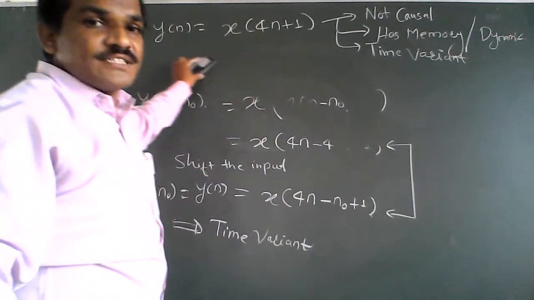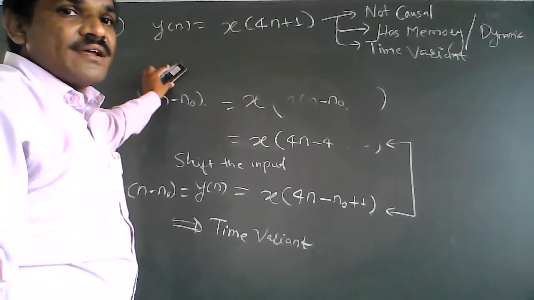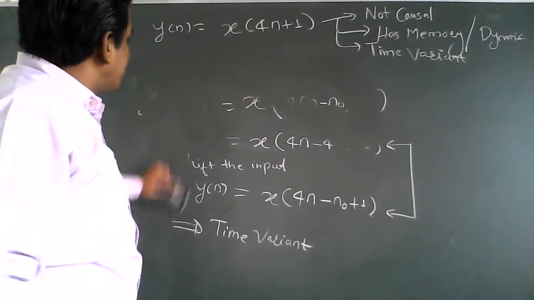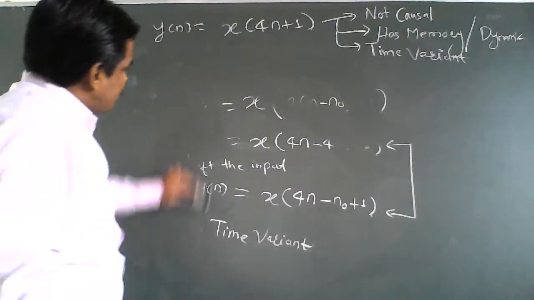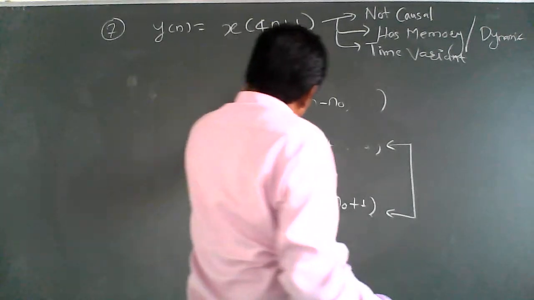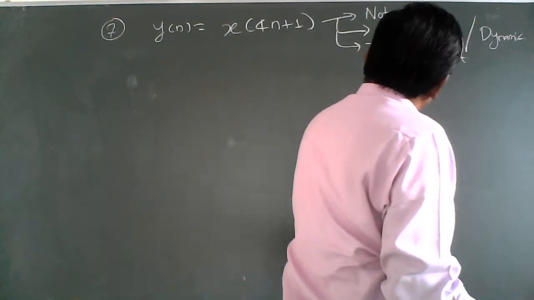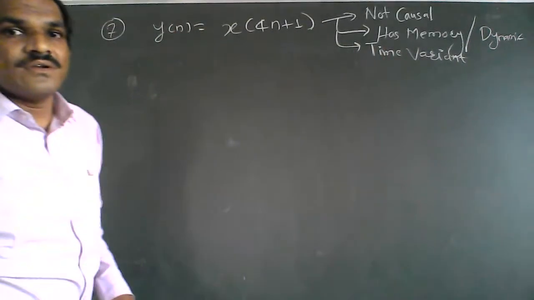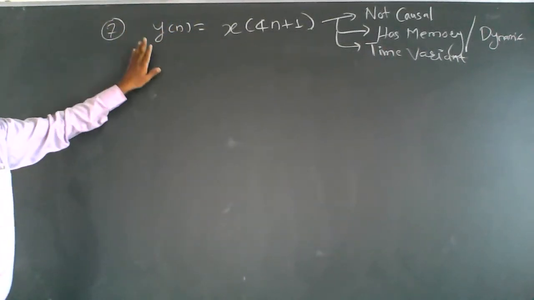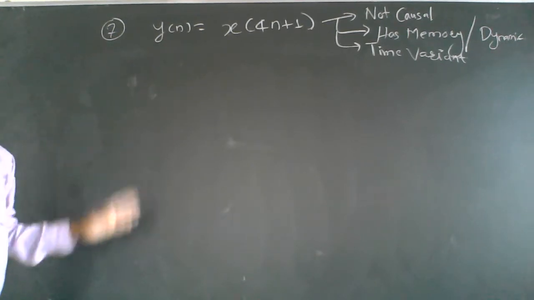Now the next property is the linearity property. To check whether the system is linear or not, we have to apply the superposition principle.